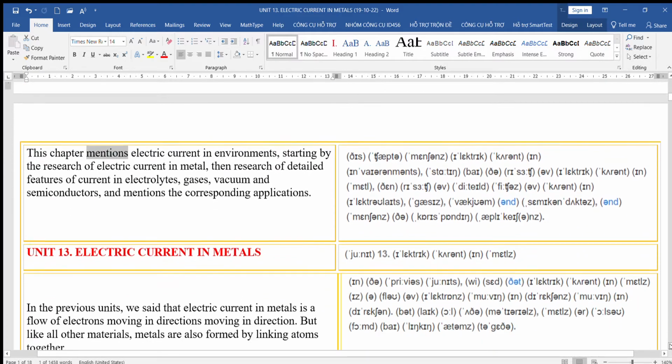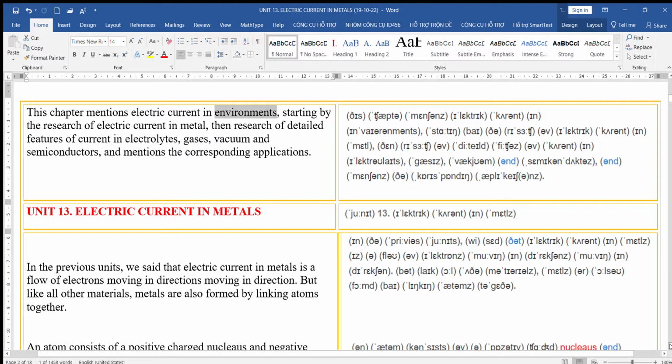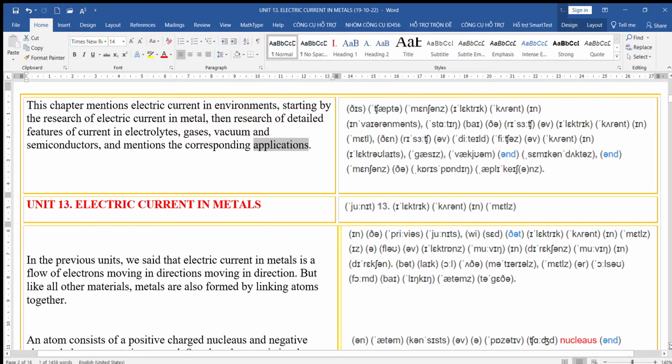This chapter covers electric current in environments, starting with the research of electric current in metal, then detailed features of current in electrolytes, gases, vacuum, and semiconductors, and mentions the corresponding applications.